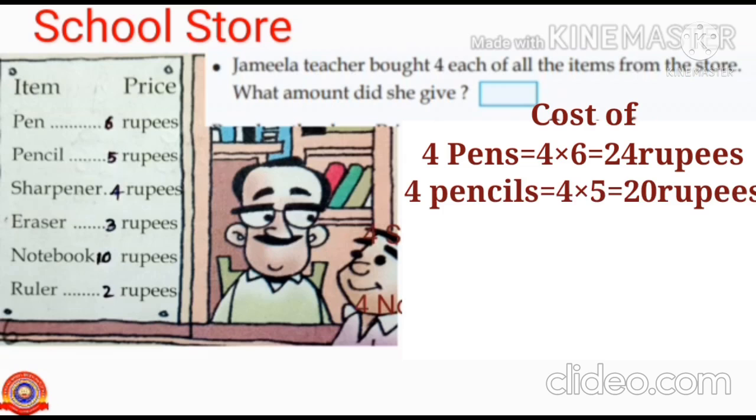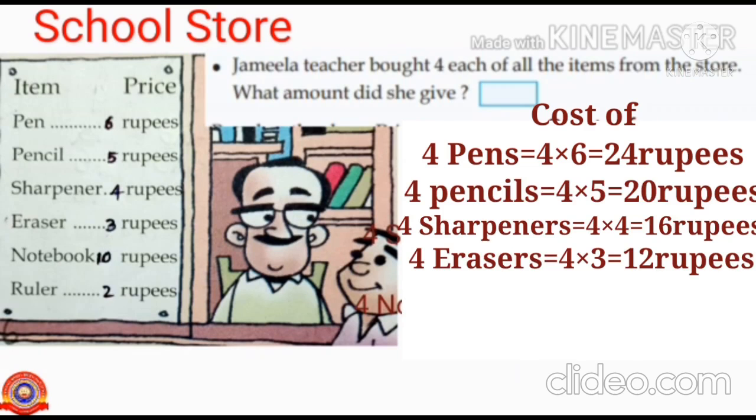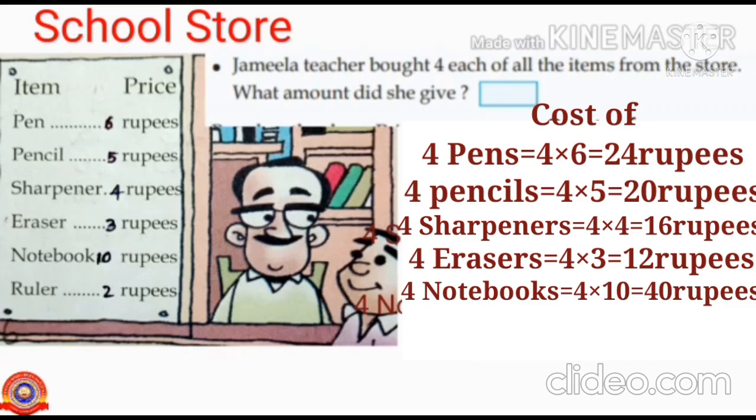Cost of 4 pencils equals 4 into 5, which is equal to 20 rupees. Cost of 4 sharpeners equals 4 into 4 equals 16 rupees. Cost of 4 erasers equals 4 into 3, 12 rupees. Cost of 4 notebooks equals 4 into 10, which is equal to 40 rupees. Cost of 4 rulers equals 4 into 2, 8 rupees.